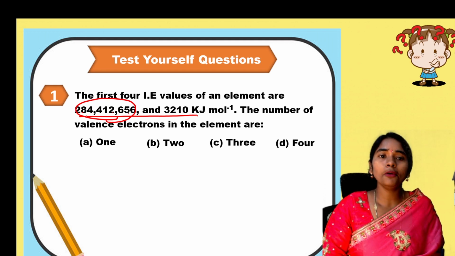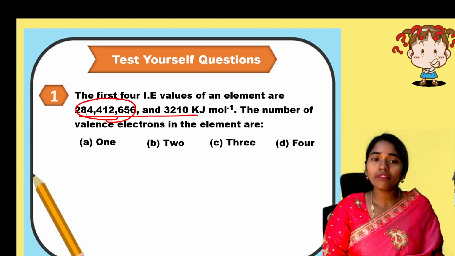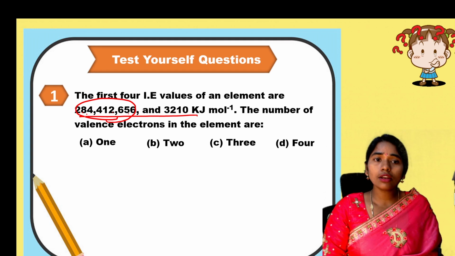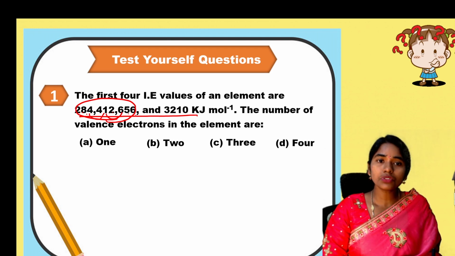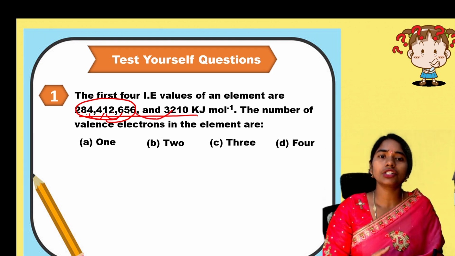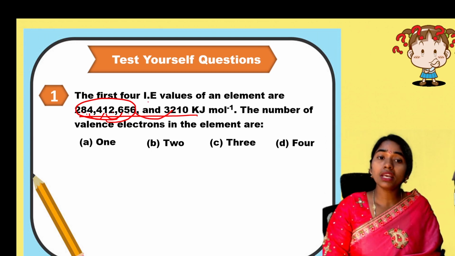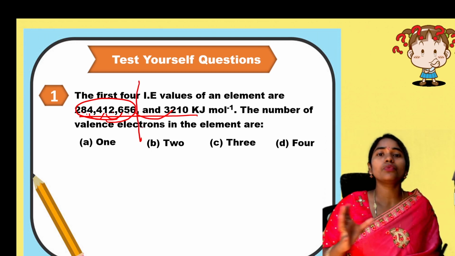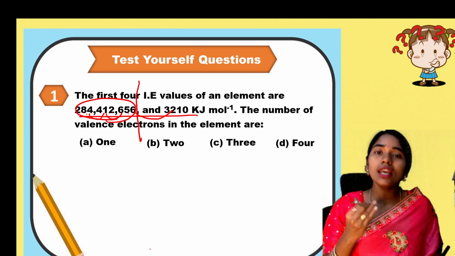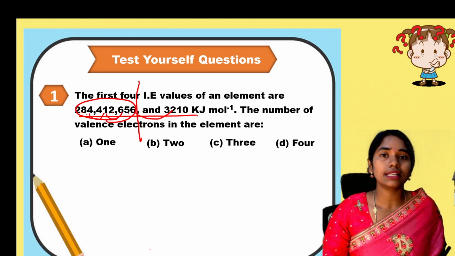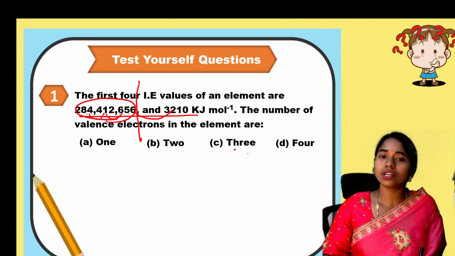There I explained that although 4 values are given, there is a small difference, just about 100 or 200, but here there is so much difference, around 2500 by rough calculation. Which means you can remove 3 electrons very easily. The 4th electron removal is very difficult. You can remove 3 electrons easily, in the sense that it has 3 electrons in the valence shell.